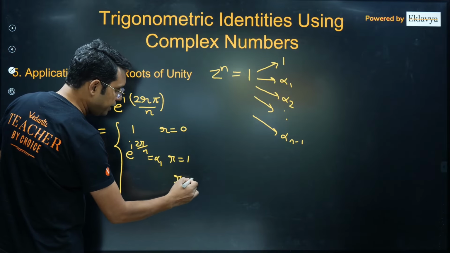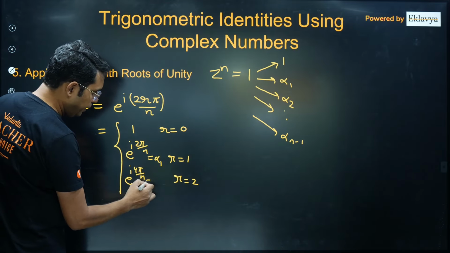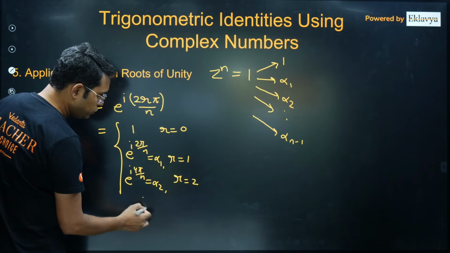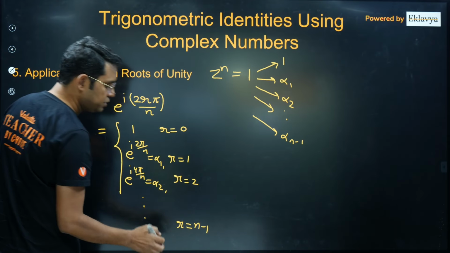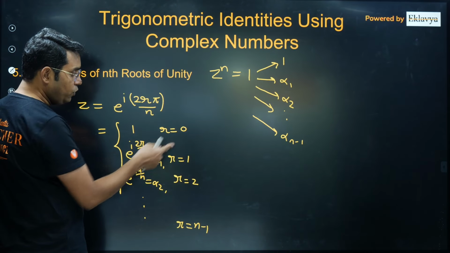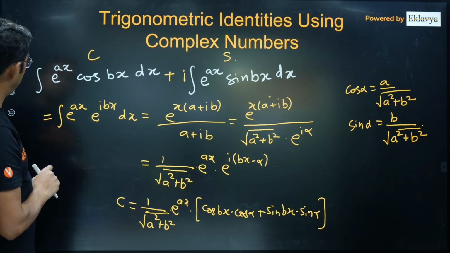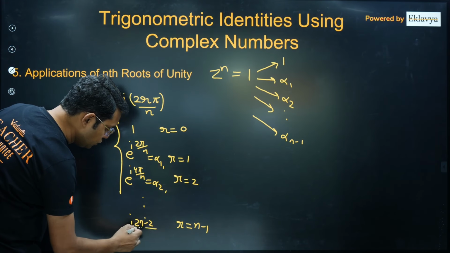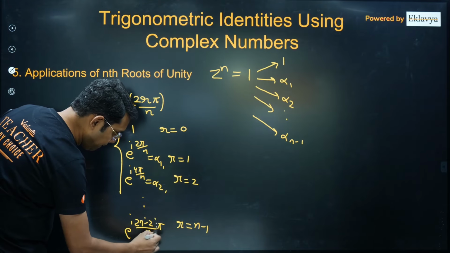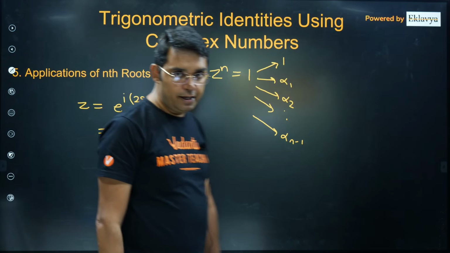Similarly, if you take r as 2, it will be e power iota 4 pi by n, and that is alpha 2 and so on. The last one would be r is equal to n minus 1, because if you take r as n, then you get same value as we were getting as r is equal to 0. So this will be e power iota (2n minus 2) upon n pi. So these are the values of alpha 1, alpha 2, alpha n minus 1.